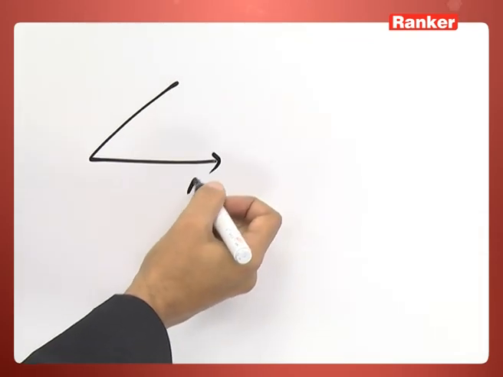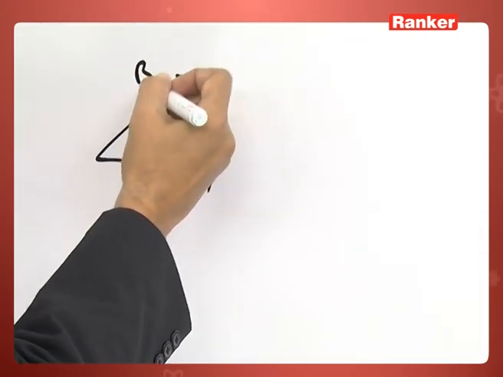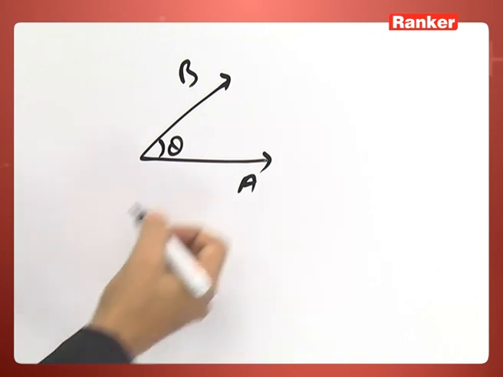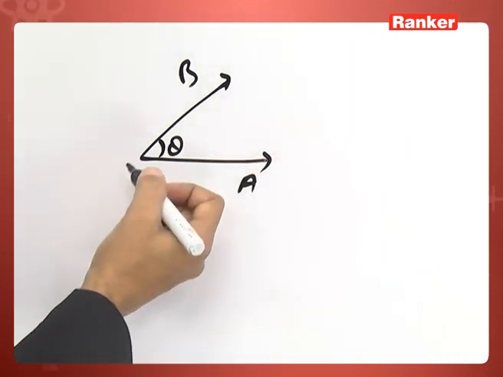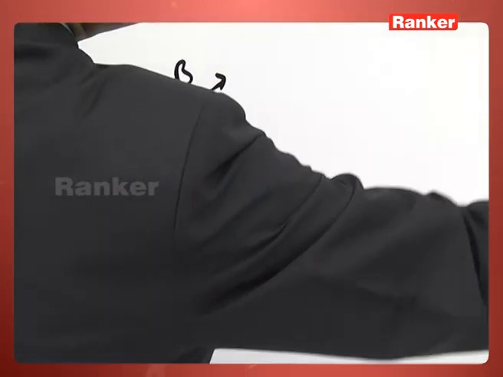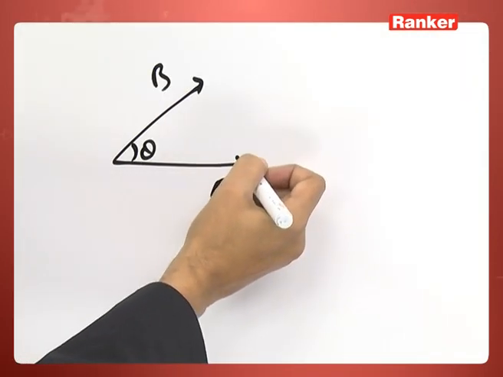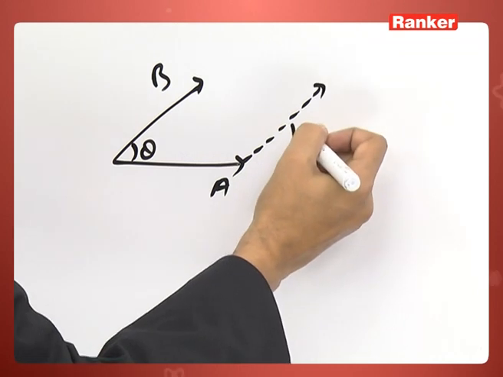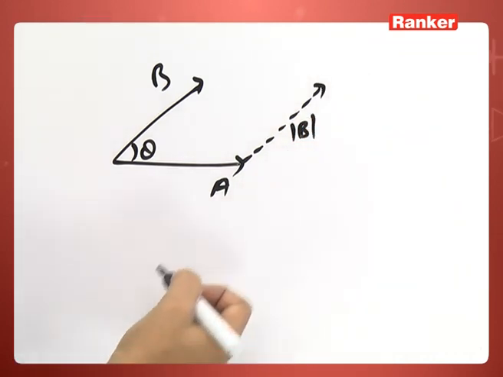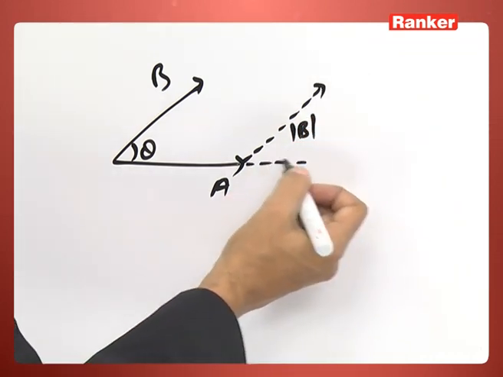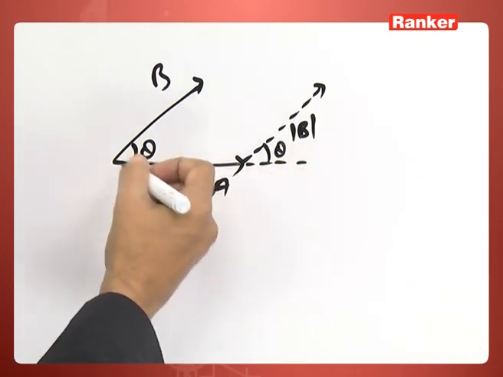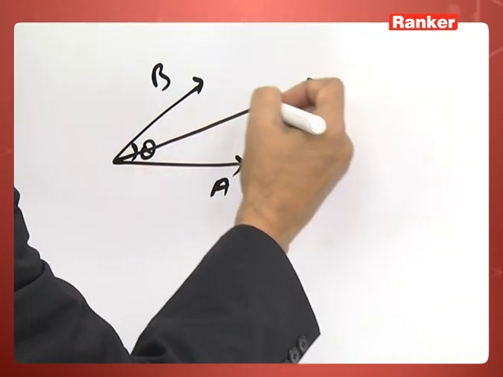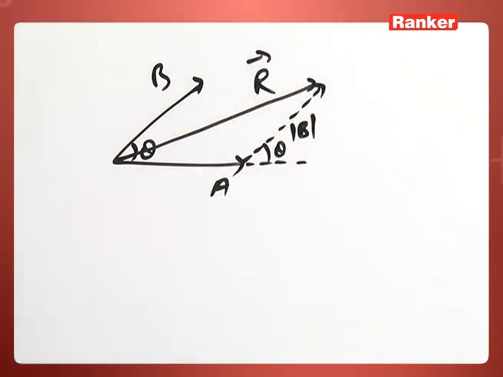This is vector A, this is vector B, and this angle is theta. As this is equal to B, I am making this mod B, and this angle will also be theta, and this is the resultant vector R.